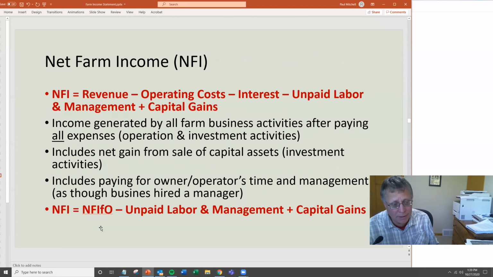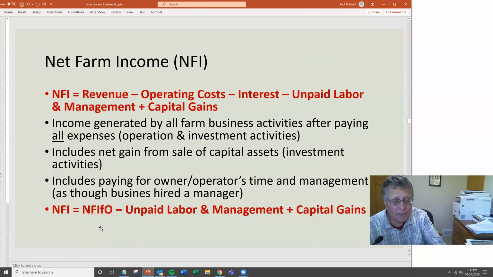Net farm income now has the same beginning part, all the revenue minus those operating costs and minus that interest. But now you've got the unpaid labor and management, what you actually pay yourself, and capital gains. Notice that it's from the whole business, both the operations and the investment activities. Net farm income from operations is the returns from working on the farm and being the manager.